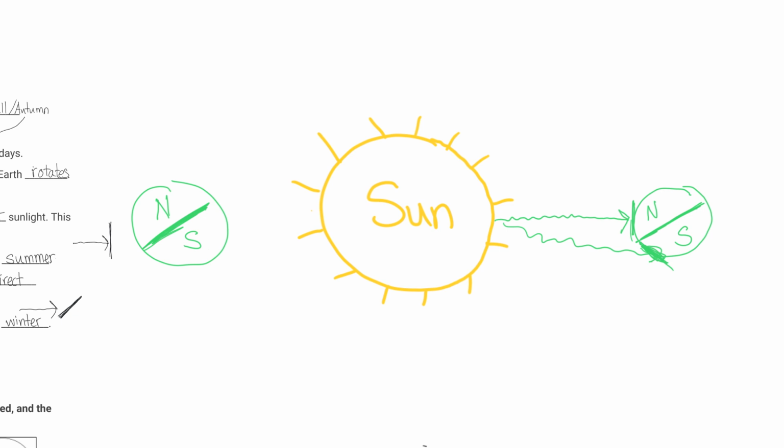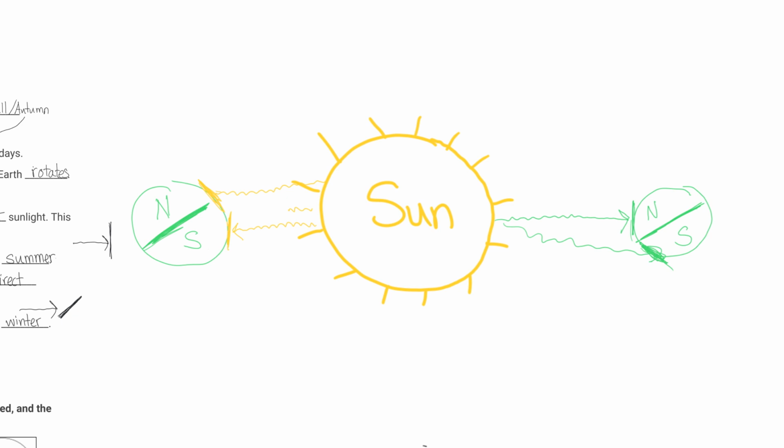And now direct sunlight coming directly from the sun hits the southern hemisphere directly at that angle. And light coming from the sun that hits the northern hemisphere is hitting indirectly. So now it is summer in the southern hemisphere, winter in the northern hemisphere. So hopefully seeing this drawn out in real time helps you predict the seasons.